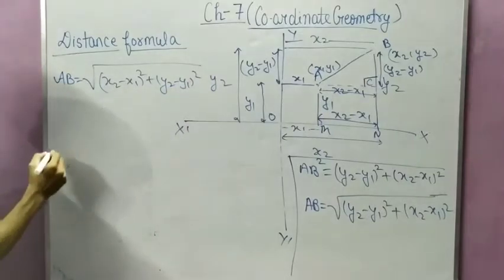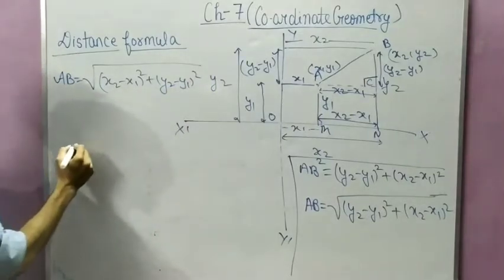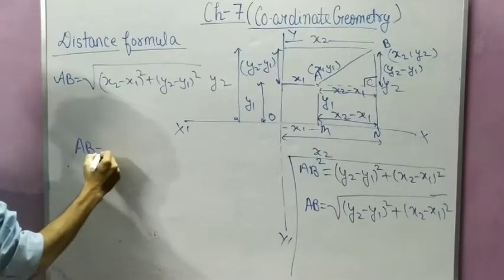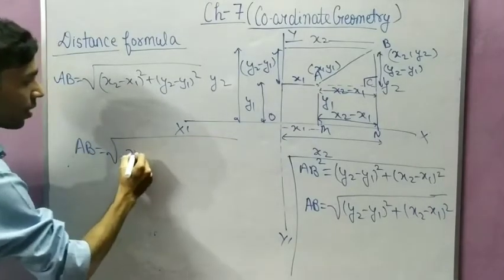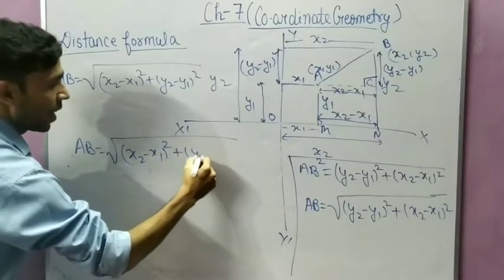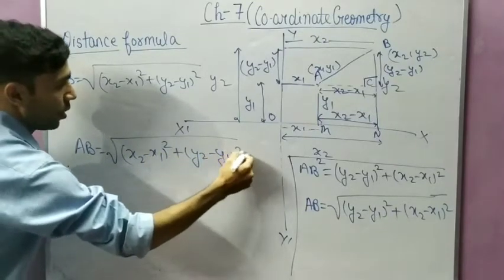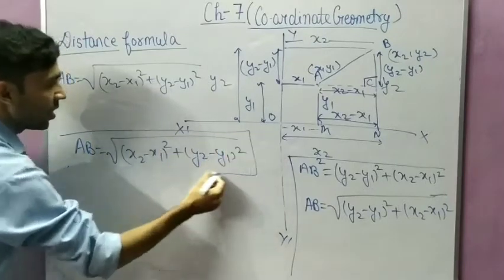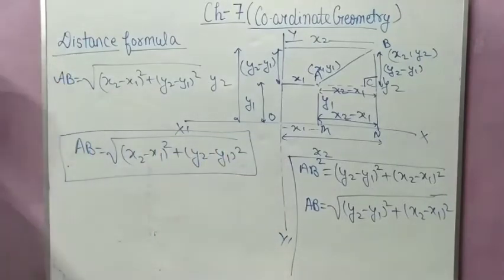Okay, here I can write AB is equal to under root x2 minus x1 square plus y2 minus y1 square. So this is known as the distance formula of 2 points.